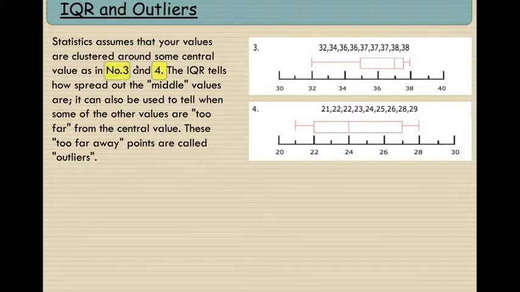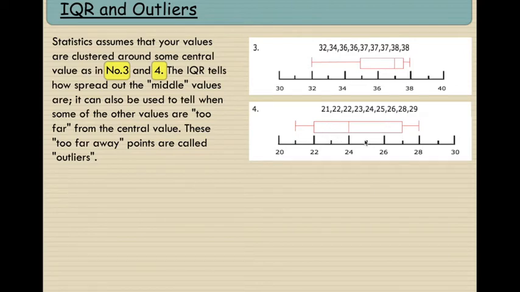Okay. Statistics assume that your values are clustered around some central values. If you look at this example 3, our data values are clustered around this central value. Okay, same thing with example 4.